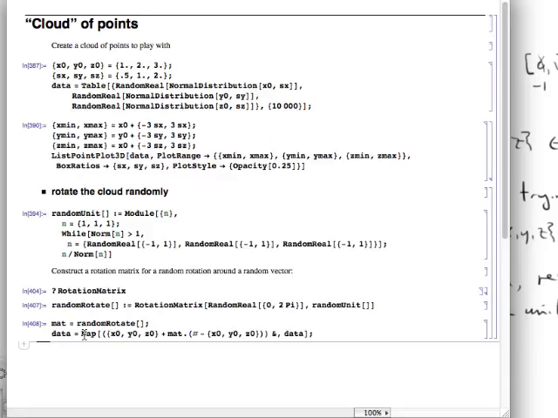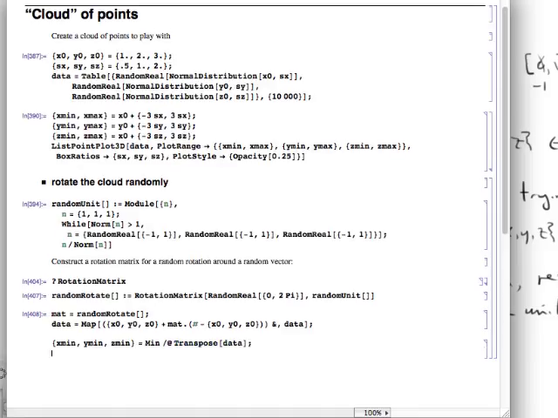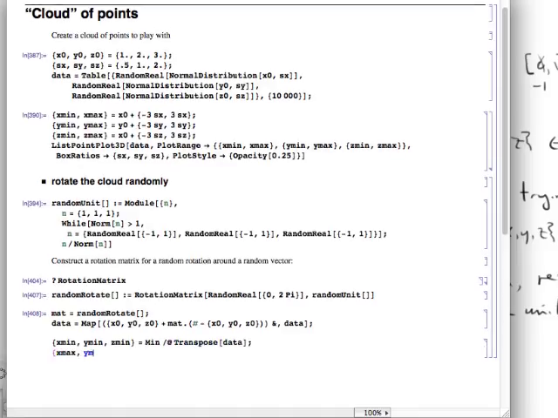We need to find the positions of the min and max box lengths over again. And that can be done in the following way. I'll explain this in a minute.